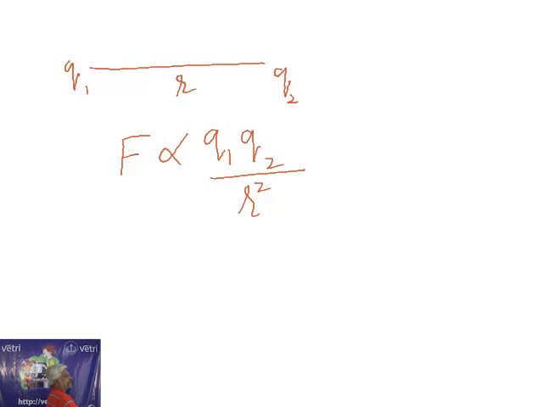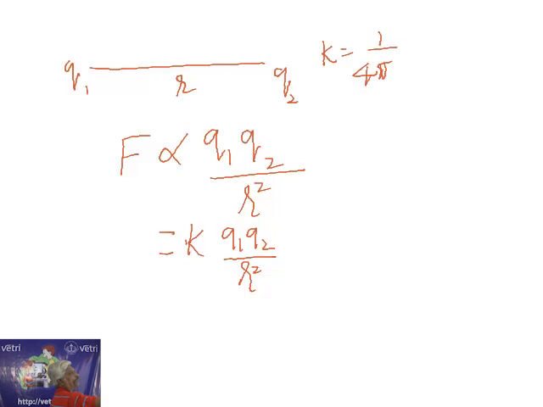To remove the proportional sign, I add one constant K, so F equals K Q1 Q2 by R square, where K is a constant with value 1 by 4 pi epsilon. There we put mu by 4 pi; here it is 1 by 4 pi epsilon. This epsilon is a combination of epsilon naught and epsilon r. Generally, epsilon means permittivity.